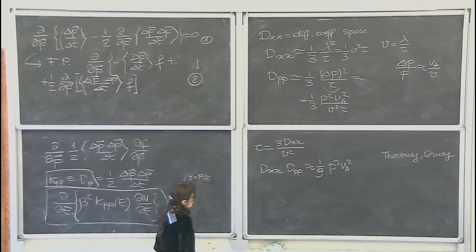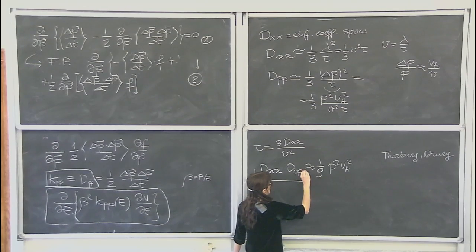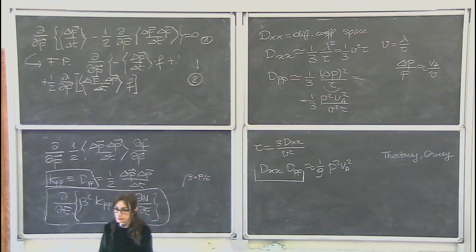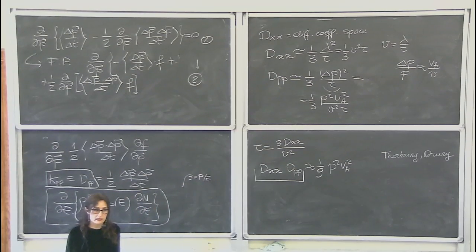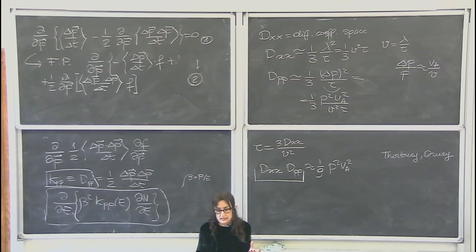But what I want to emphasize here is that the two coefficients are inversely proportional. And that makes some sense, because make the hypothesis that the turbulence is very high.